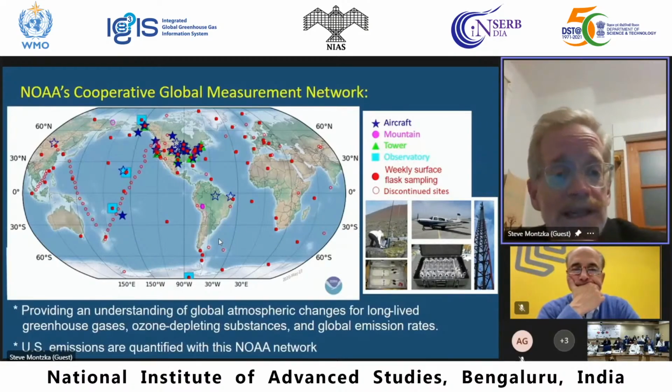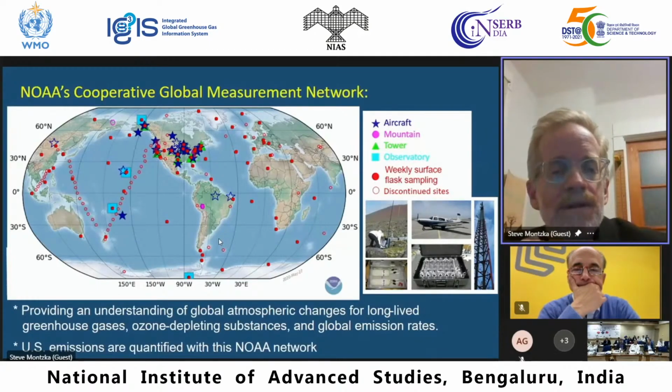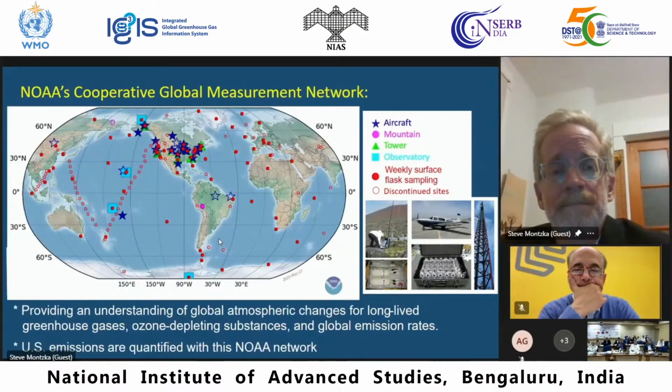Over the US, the density of the measurements is quite enhanced, and from that measurement network we attempt to derive US emissions of these same gases. We have a number of different techniques at these different sites around the world.